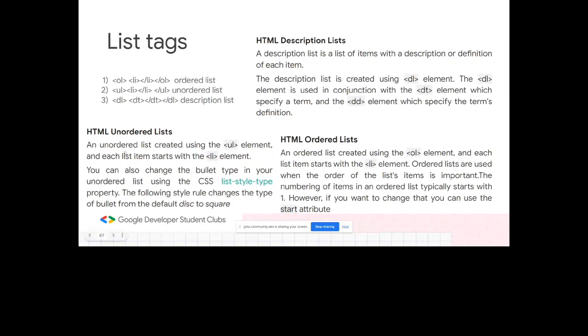We can even add some styling to our unordered list, and we can even start the numbering of an ordered list. It's not compulsory that we should start our numbering from one itself. We can start our numbering from 100 also, and we have some attributes to do that.